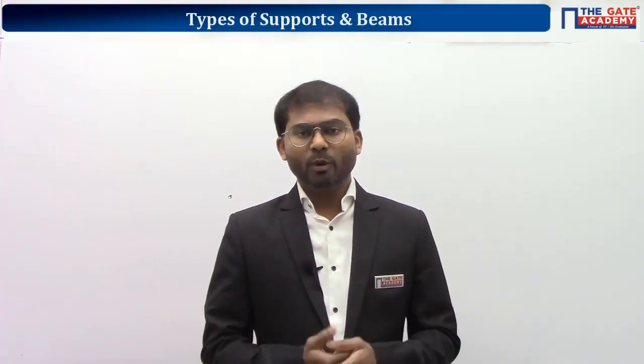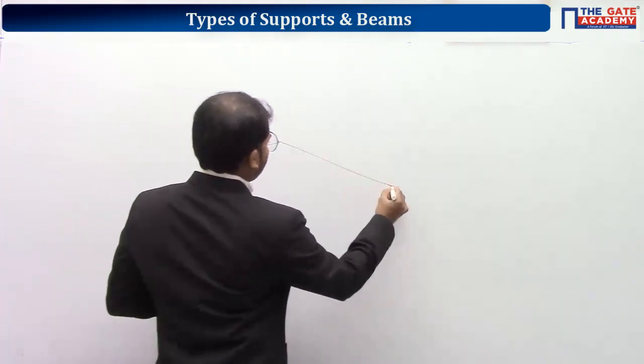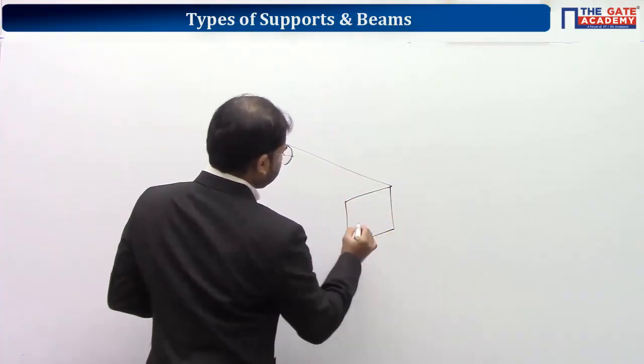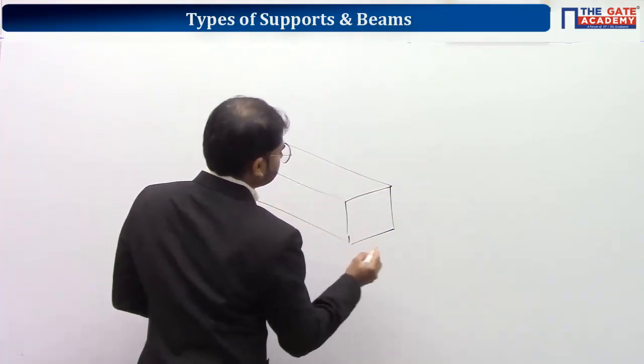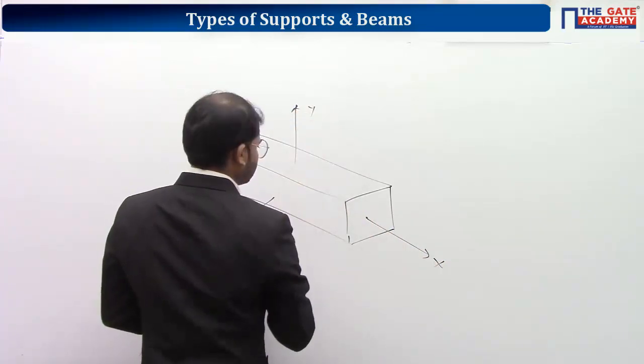Now let's look into the moments here, how moments will cause bending, or when moments will cause bending. If you have a component like this, this is the x-axis, this is the y-axis, and this is the z-axis.